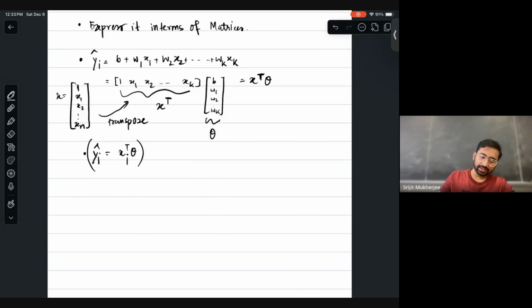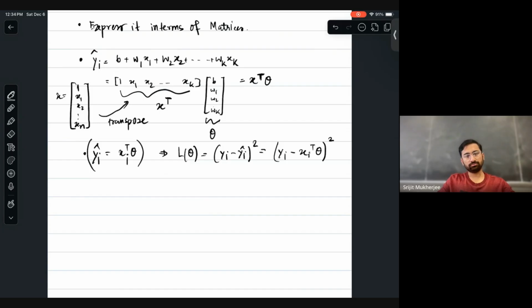Now let's try to find the loss function. L of theta is (y hat minus yi) square, or let's say (yi minus y hat) square. It's the same: (yi minus xi transpose theta) whole square.